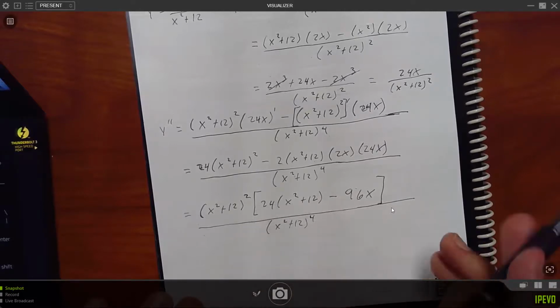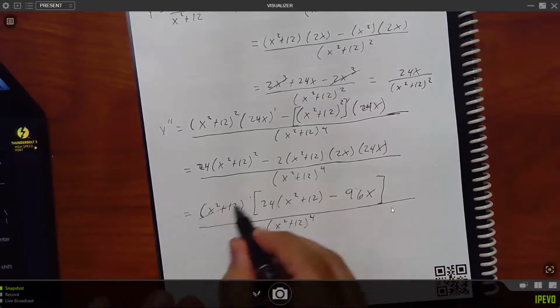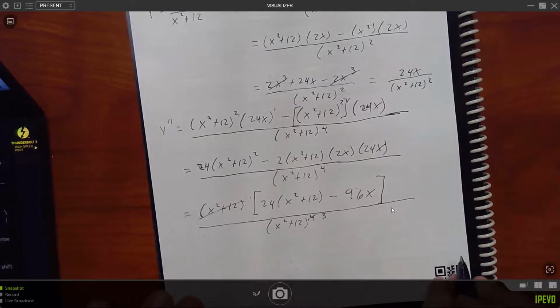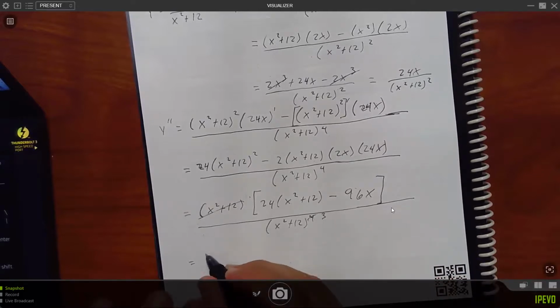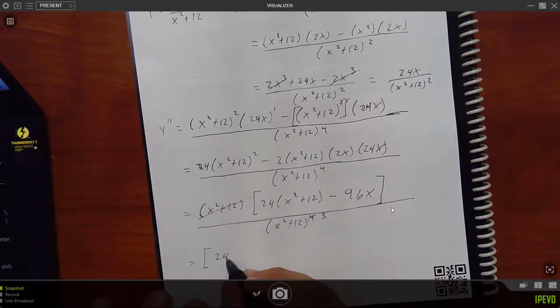And then that should be 1. This counts as one of those, so that was still the same. We have 24x squared minus 96.